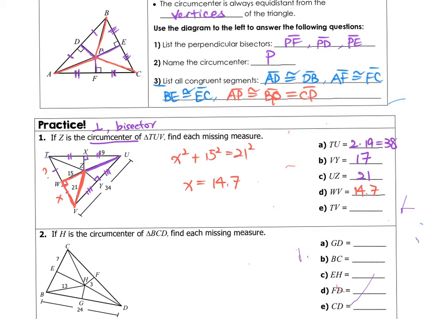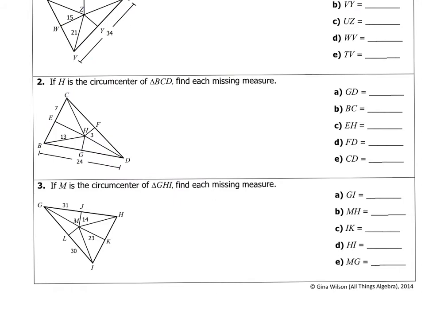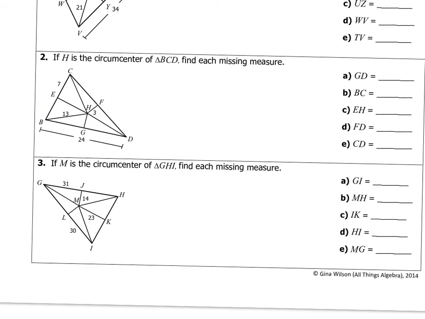TV, where's TV? Then you just need to multiply WV by 2, so I should have 29.4. Okay? So the rest of this is fairly similar.